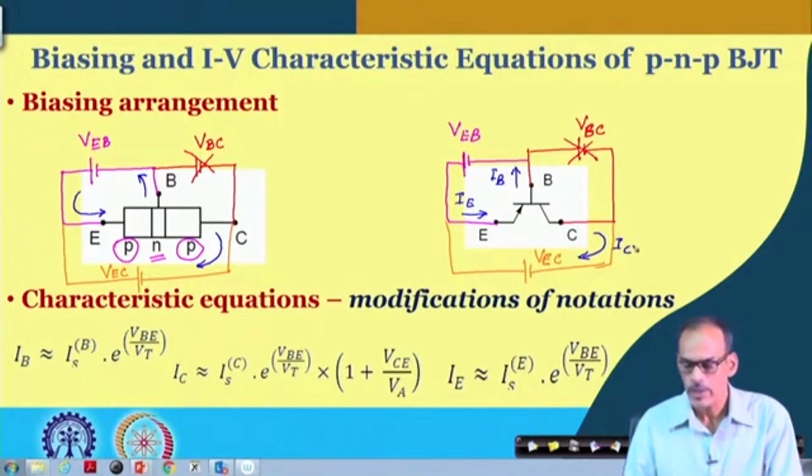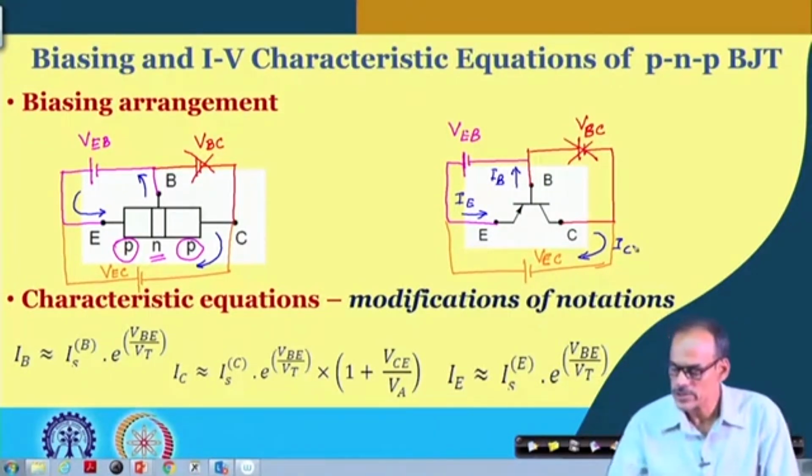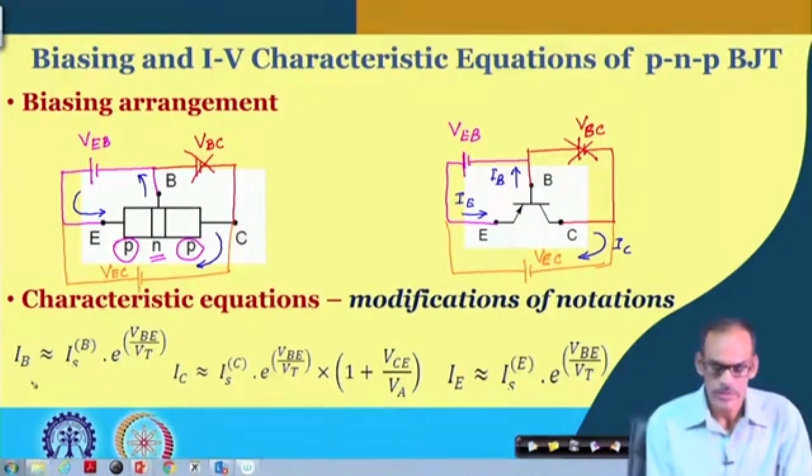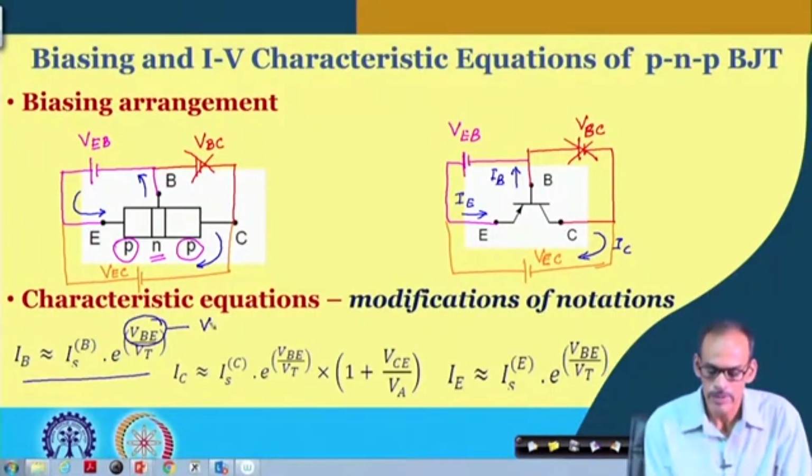So, if you compare the notation or the equations we have used for the NPN BJT with the PNP, what you can see here is, these are the equations that were used for NPN. So, with respect to that we simply have to modify this part, namely we can make it VEB.